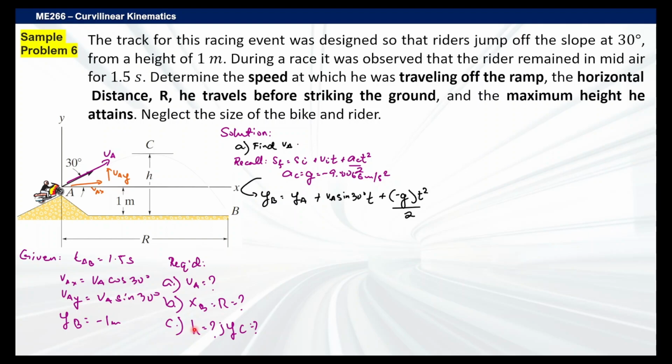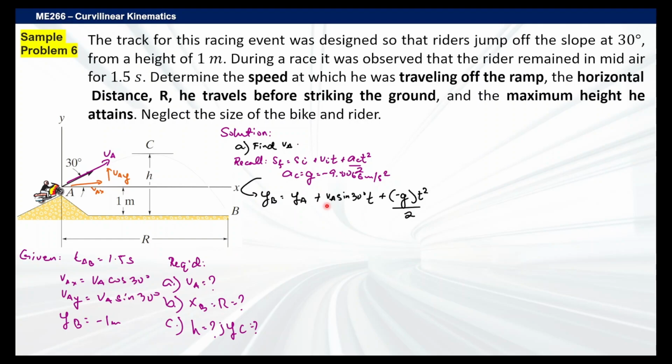YA, however, nagsimula siya dito, so that's 0 meters eh. So considering those values, ito yung final position niya minus initial niya. So we simply have in total displacement na dito. We have VA sine 30 degrees dito, and where VA is unknown, we have time T, which is 1.5, we have G, so we can determine VA.